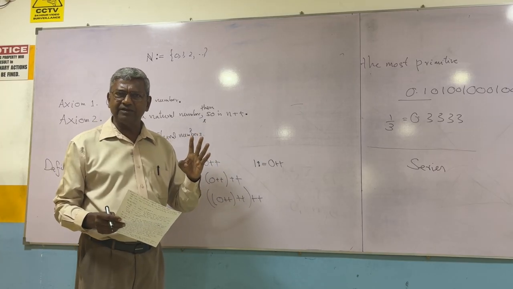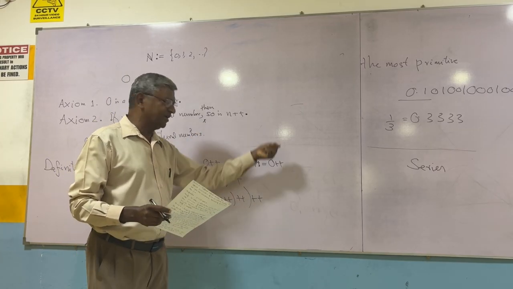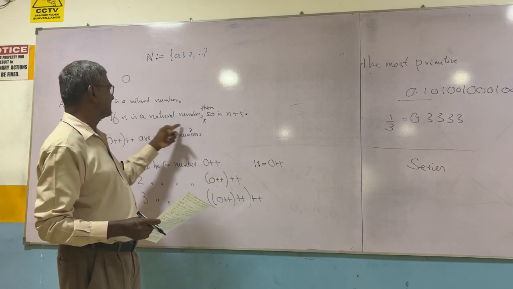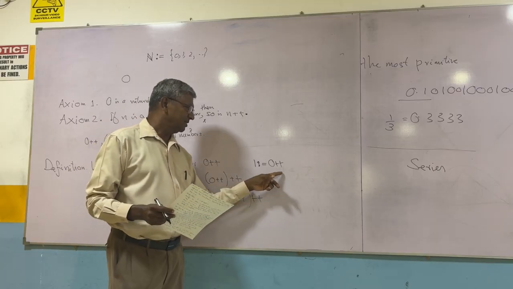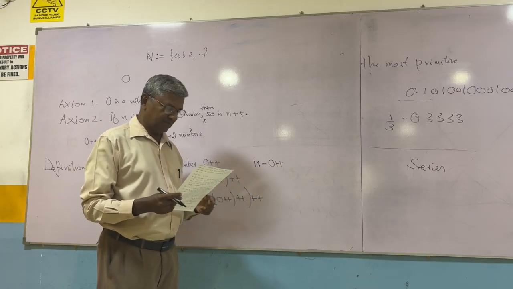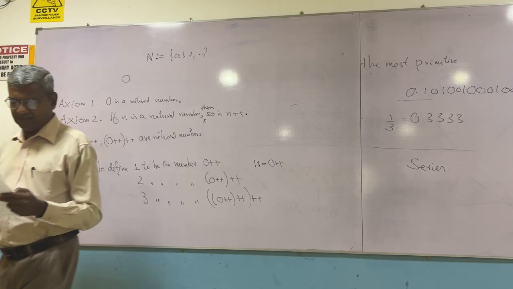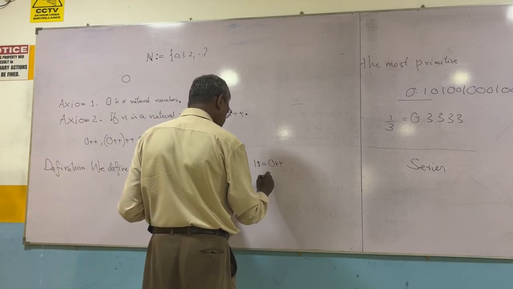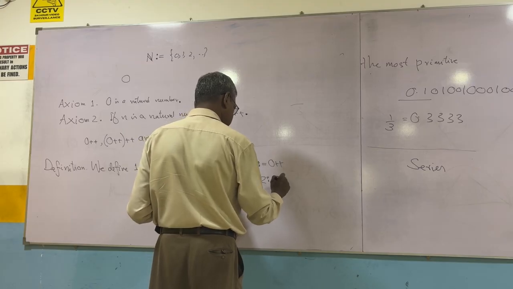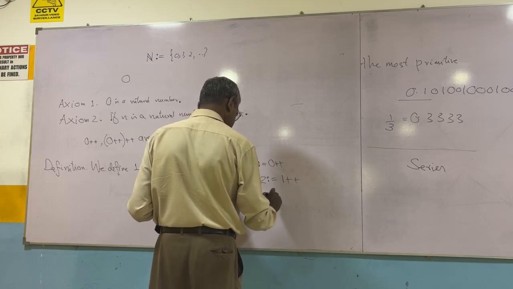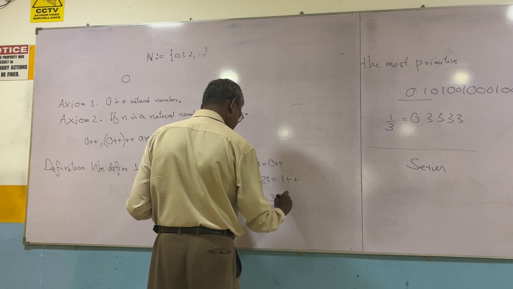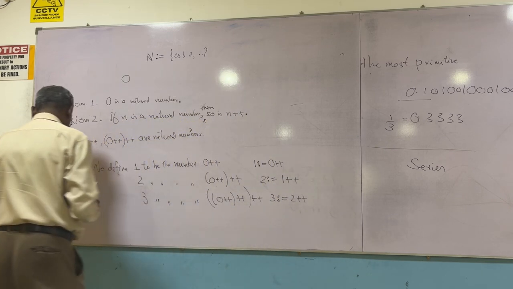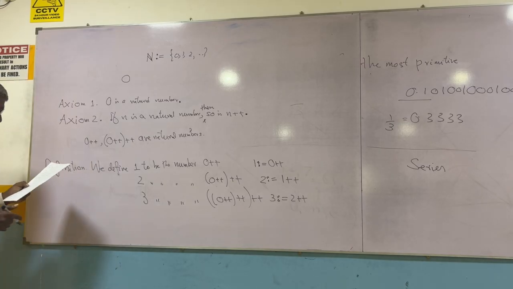By axiom 1, 0 we know. Then if n is a natural number, then so is n plus plus. So this thing is denoted by 1. Again, you have 2, which is 1 plus plus. Here 3 is 2 plus plus. That's what it is, etc. Now here he is writing x.